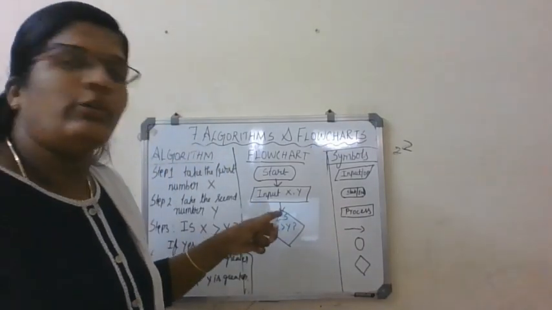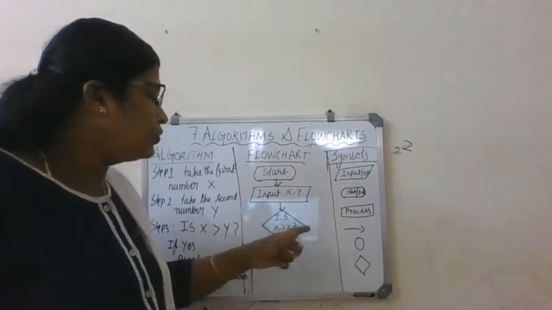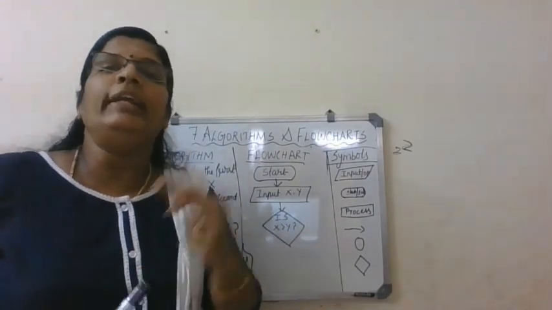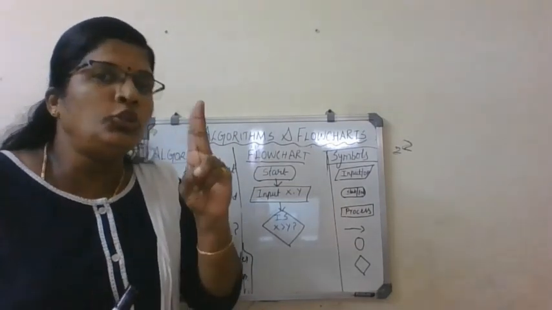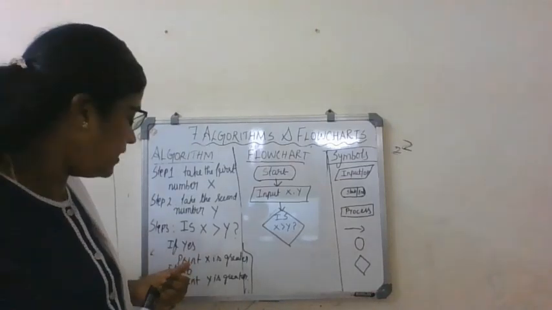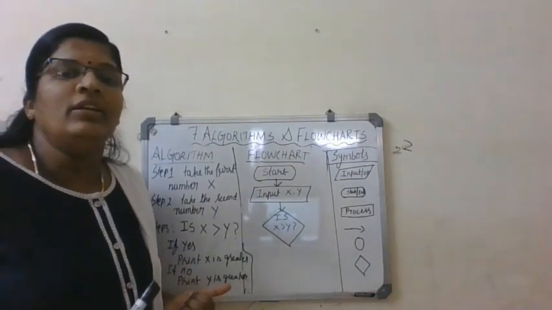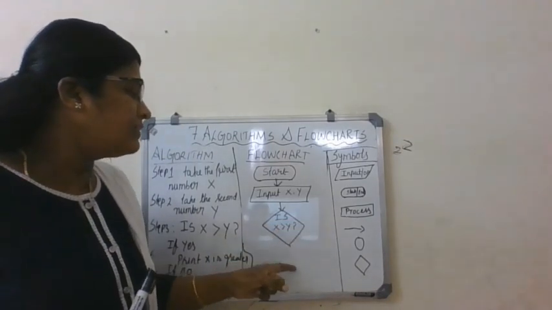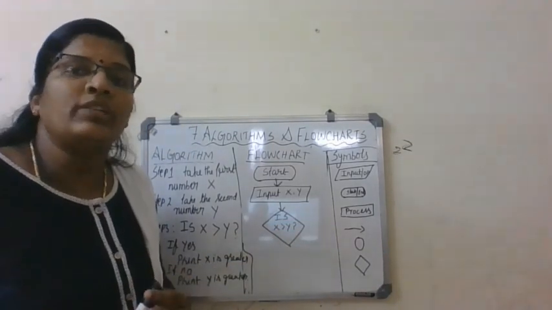Already one side is connected. Apart from that, three sides are there, right? So you can use any two sides because it has two answers. Yes is one answer, no is another answer, right? So you can use two sides, this side and this side, or this and this. Any two sides you can use.